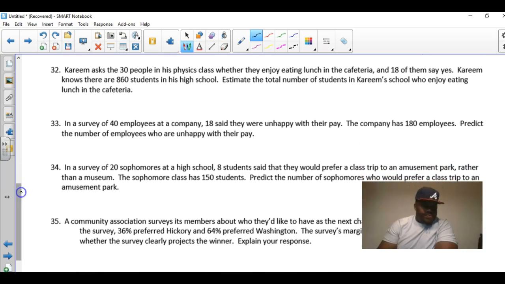For 32, it says Kareem asked 30 people in his physics class whether they enjoy eating lunch in the cafeteria. 18 said yes. We can make a proportion out of that: 18 people out of 30 said yes.